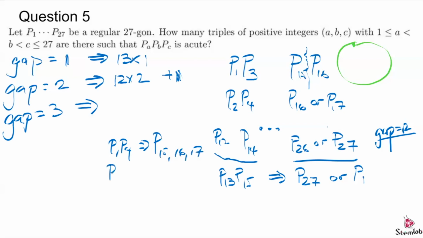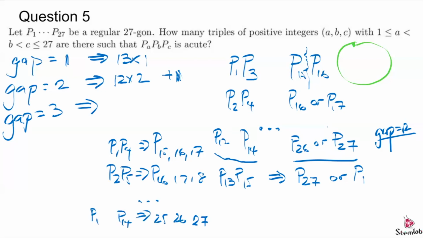Okay, P2, P5 with P16, 17, or 18. And we can go until P27, 26, 25. Okay, and that would be with P14 again and P11.